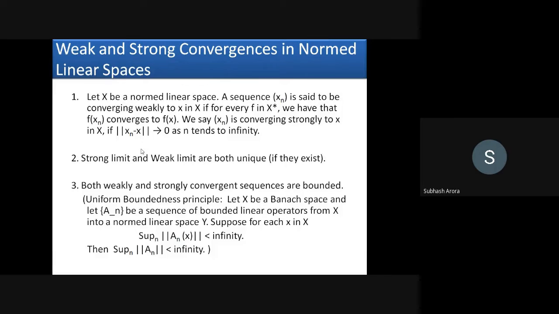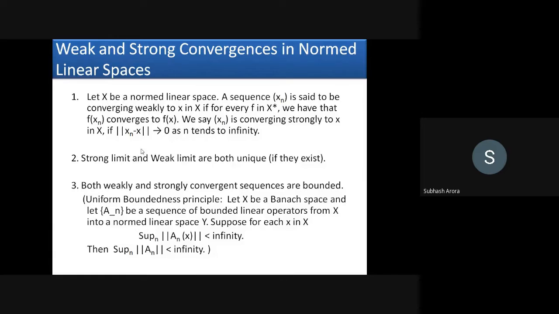Surprisingly, strongly convergent sequences and weakly convergent sequences are both bounded. Strongly convergent sequences are obviously bounded. Simple fact: suppose xn converges to x strongly, then the norm of xn minus x tends to 0 as n tends to infinity.